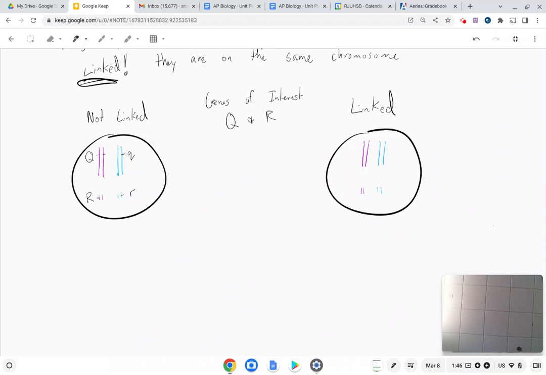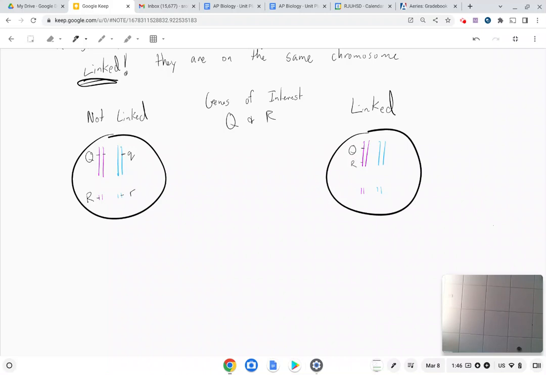Okay, so what would this look like, you guys, if the genes were linked? How would we draw Q and R for this scenario? Well, we would have to put both of those genes on the same chromosome. So we would do it like this. That's a linked gene.